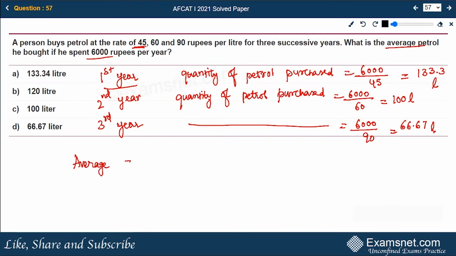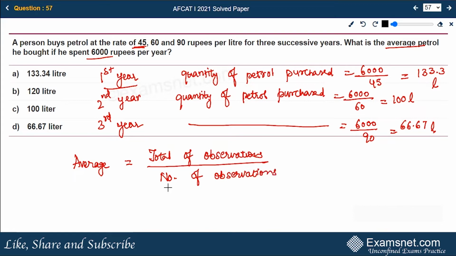Formula for finding average of any given observations is equal to total of observations divided by number of observations.